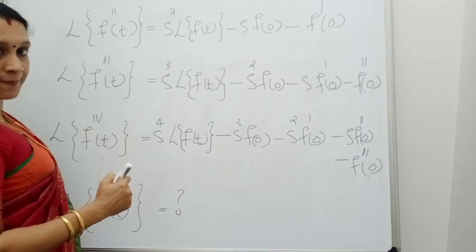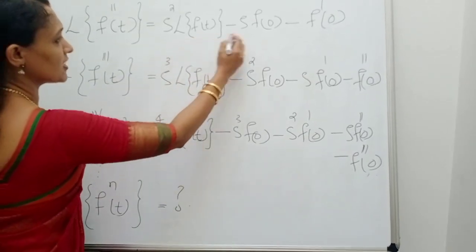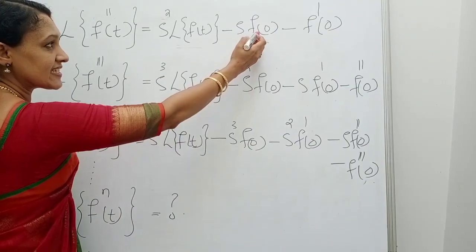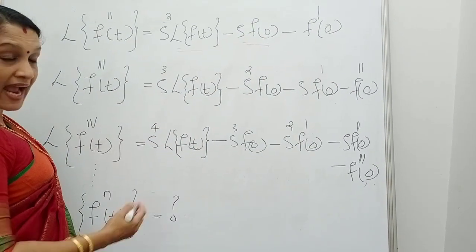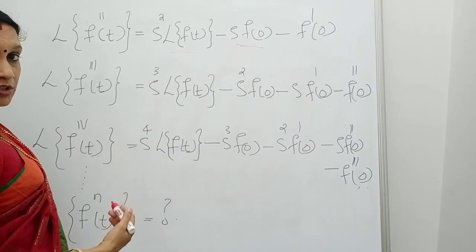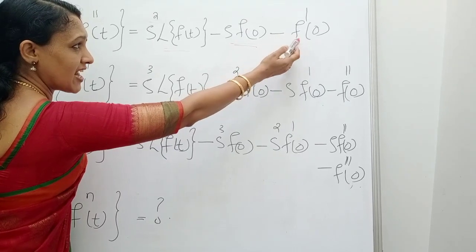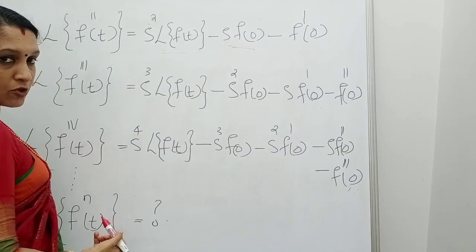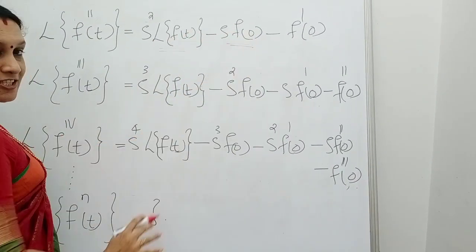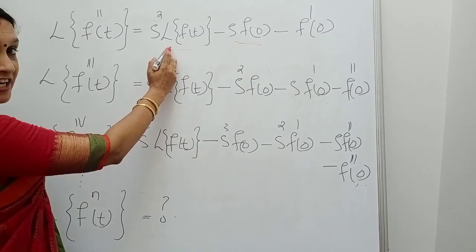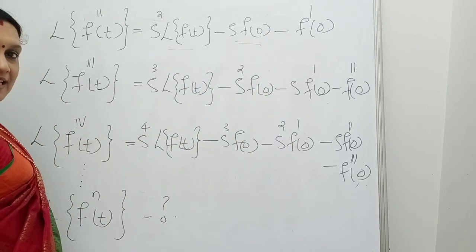That is number 1. And we fixed the first two terms. One is L of f of t and the second term is f(0). And the third thing that you have to remember is increase order of f. So the last term is f dash 0. And there is no positive symbol. You can see only negative sign. That means except the first term, all the other terms are negative.